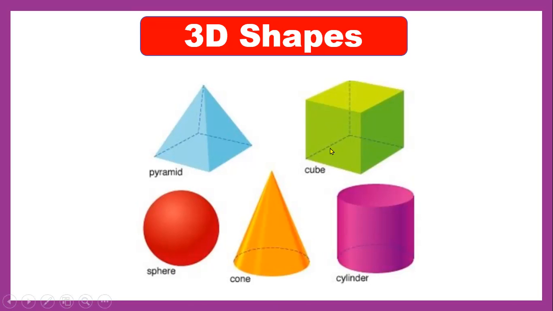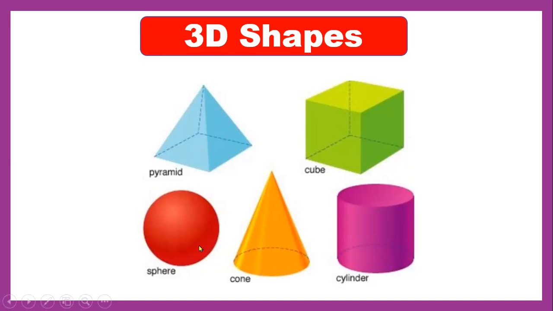So 6 faces, and how many vertices? 1, 2, 3, 4, 5, 6, 7, and 8. So 6 faces and 8 vertices.